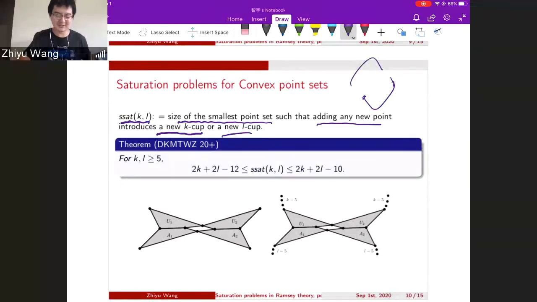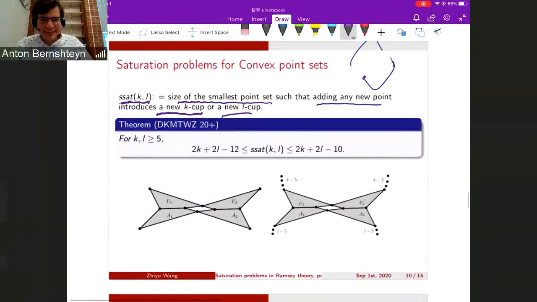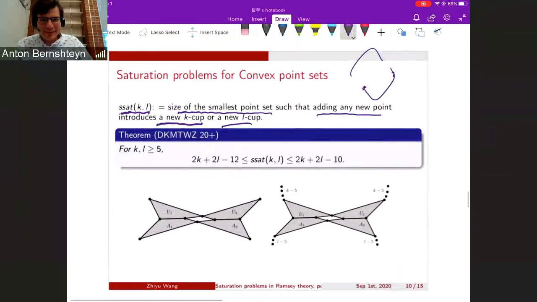And then semi-saturation just removes the condition that the set itself already doesn't have a k-cup or l-cap.